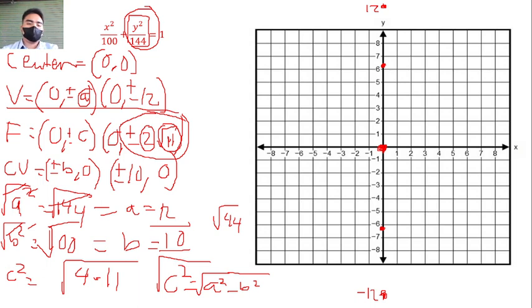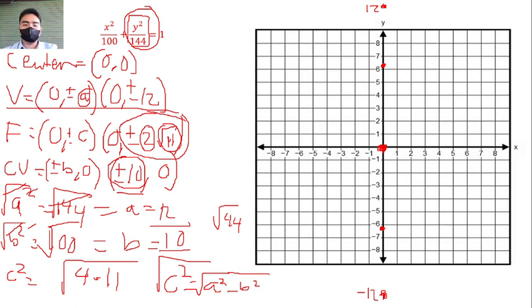How about for the co-vertices? So you are going to add and subtract 10. In what intercept or what axis? The x-axis. Because that is the coordinate that we have. Of course, the co-vertices are perpendicular to the major axis. The minor axis is perpendicular to the vertices.